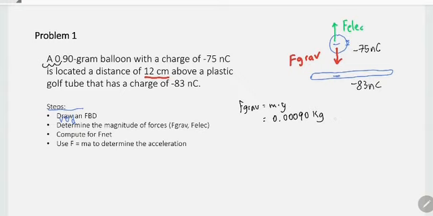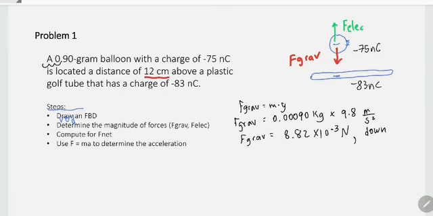That's 9.8 times 10 to the... No, I'm confusing it with the k. If you input this in a calculator, that's 8.82 times 10 to the negative 3 newtons. Downwards, diba? Vector. We have to specify the direction.